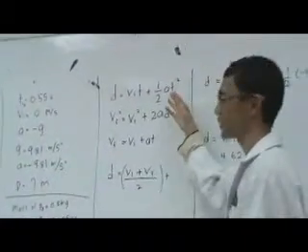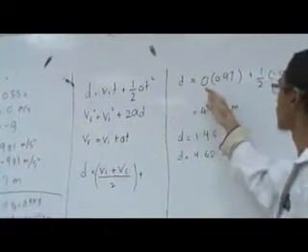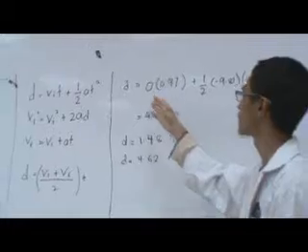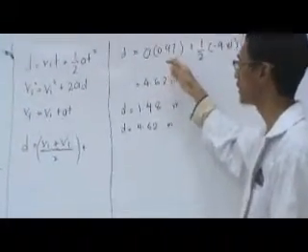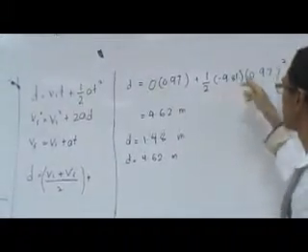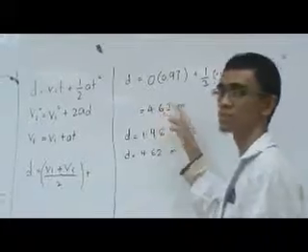When we use this kinematic equation, V initial times T plus half A T squared, now we got 4.62 meters.